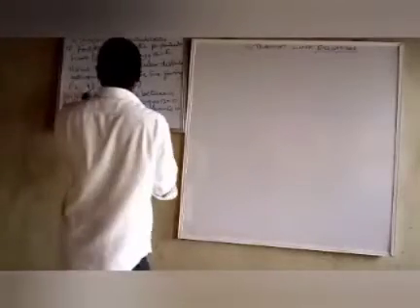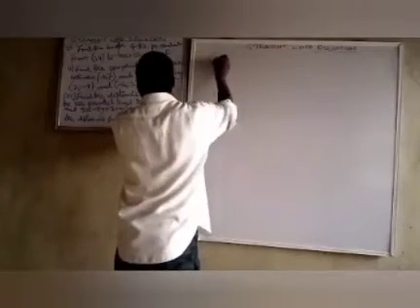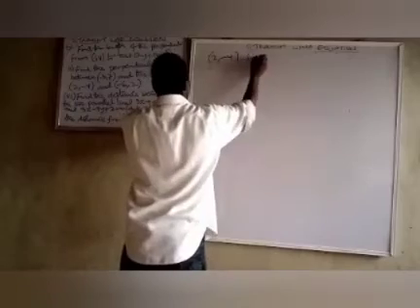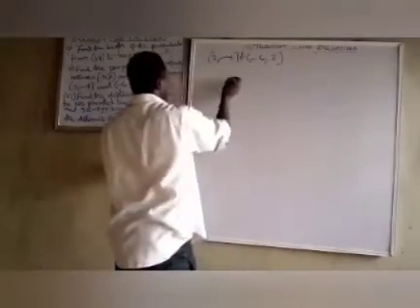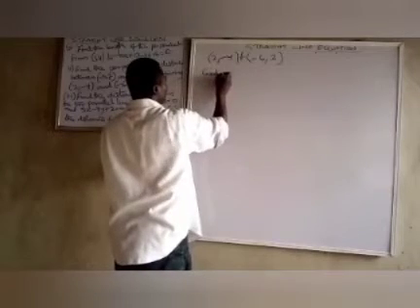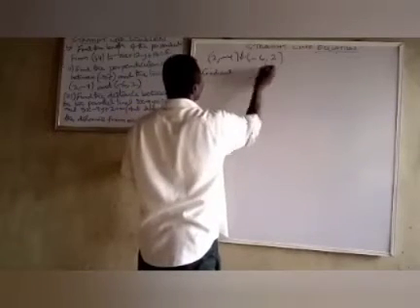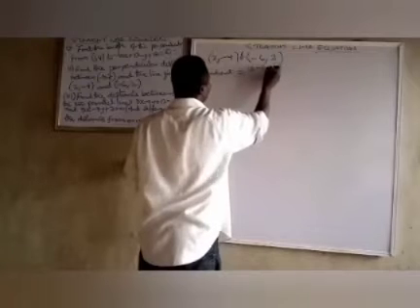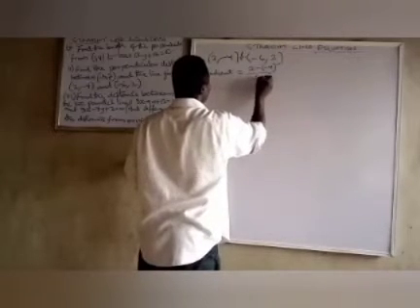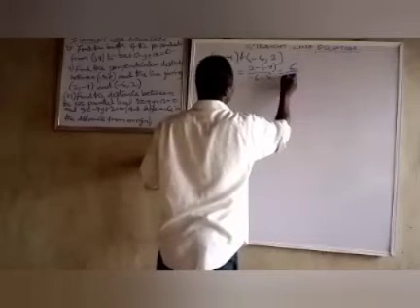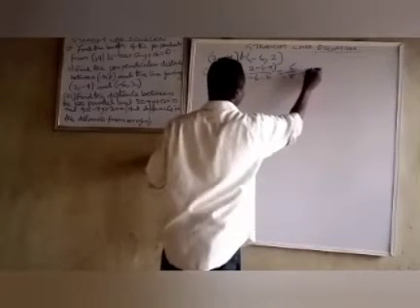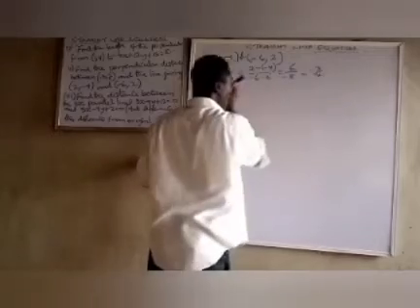Now for the second one, we have to find the line joining (2, -4) and (-6, 2). So let's start. The gradient of the line joining the 2 points is equal to (2 minus -4) over (-6 minus 2). That is 6 over -8, which is -3 over 4.